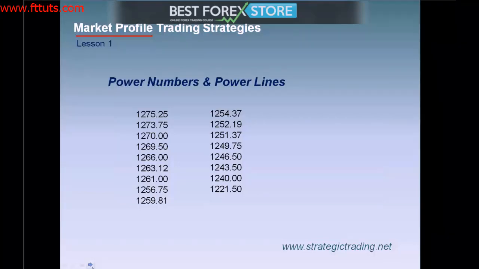And so early on, I want you to begin to get into the habit of taking a look at the chart, looking at where the chart is trading now, and seeing if any of these numbers that I have identified for you are around that area. And I want you to observe between now and our next class how the market has behaved around some of these key numbers or key power lines, just as an initial early exercise to begin to train your eye.